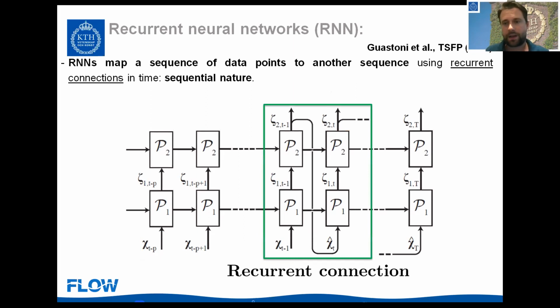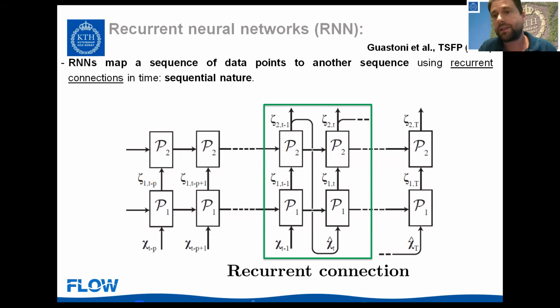And the key of recurrent nets is this part over here, this recurrent connection, which, if you think about it, means the current step, the time t, gets information from the last layer of the previous step, but also it gets information from the first layer of the previous step. These 2 arrows that we see here are basically giving me information from the 2 different layers on the past.